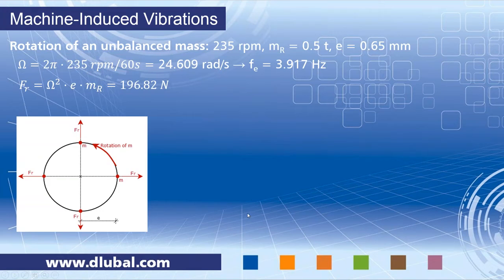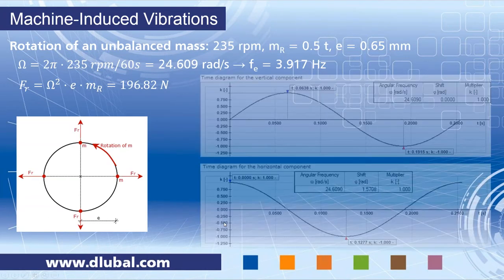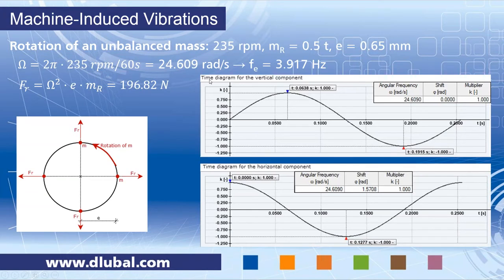And to explain now the connection between the time diagrams and the actual rotating of our unbalanced mass, these are the time diagrams that we are going to define in DYNAM. So we will enter the frequency here, the 24 radians per second. The vertical component will have a shift of 0. So it starts, it's a sine function, and we have a multiplier here, which is 1.